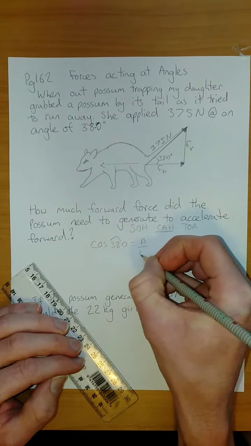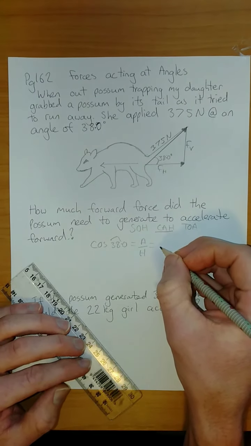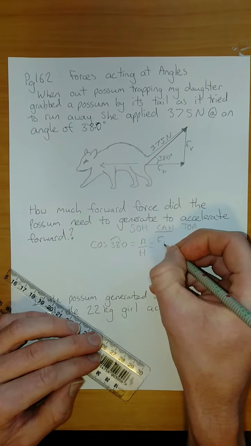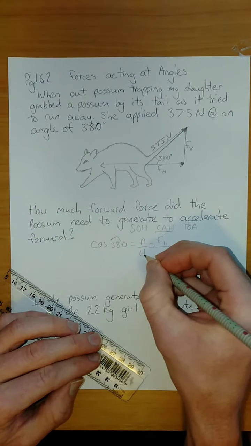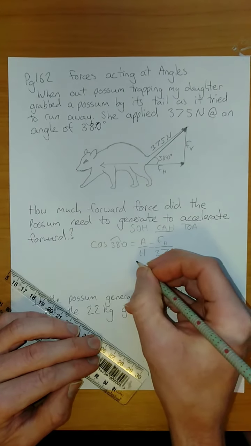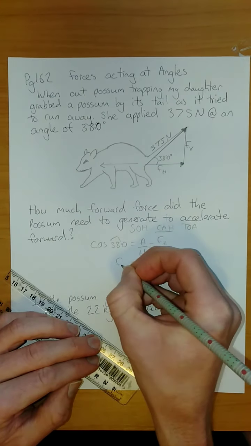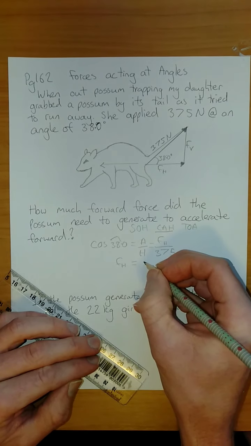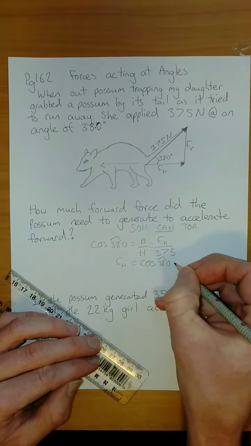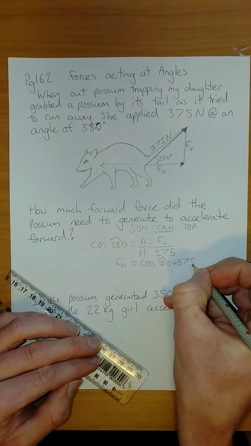So adjacent over hypotenuse, and the adjacent, we'll customize it, is called FH in this case, and the hypotenuse is 375. Now we make FH the subject, and that is equal to cos 38.0 times 375.